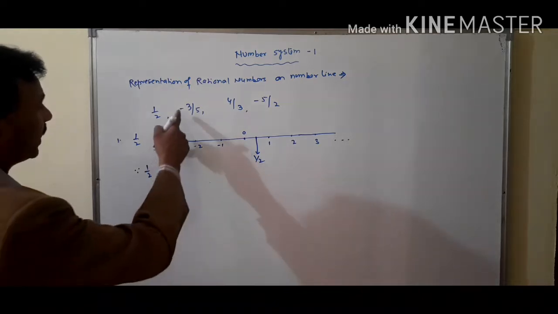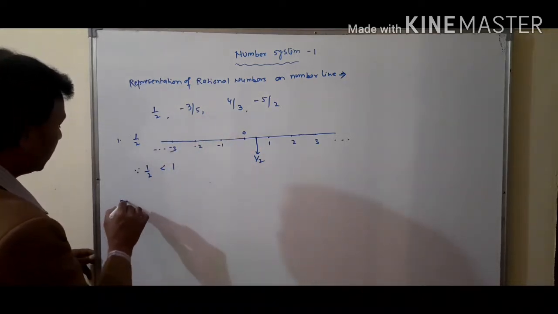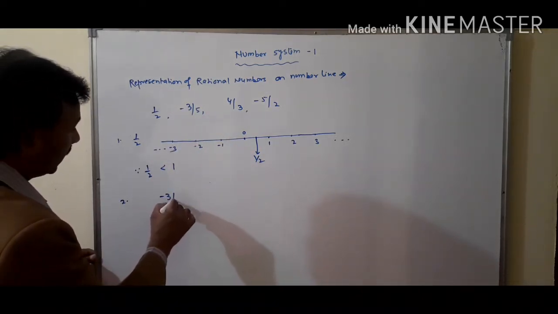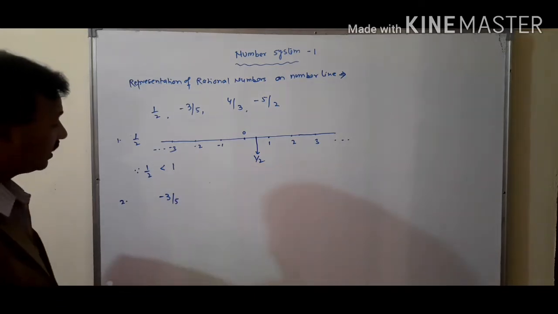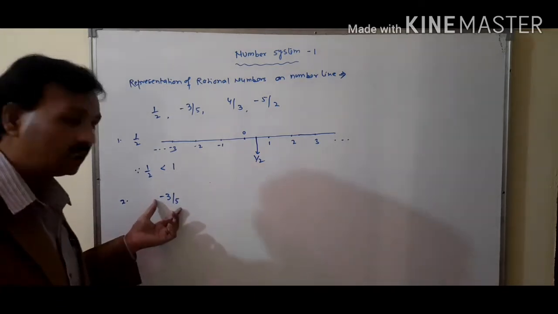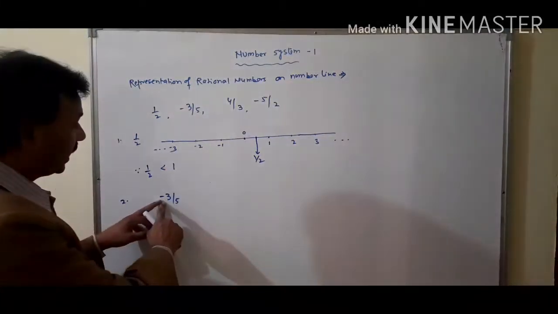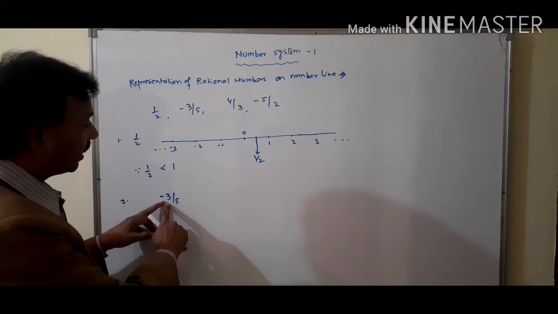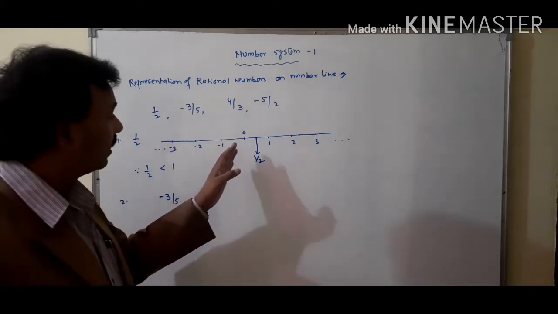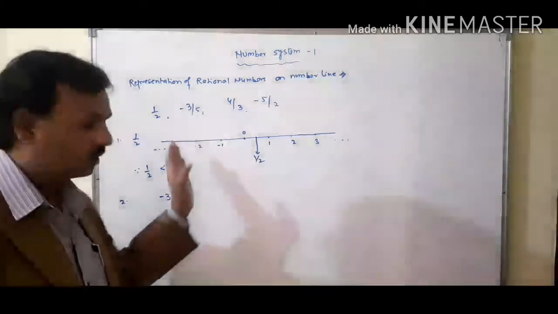Now we want to represent minus 3 by 5. This is the second question. First check whether the number is positive or negative. Since this number is negative, its position lies on the left side of 0.